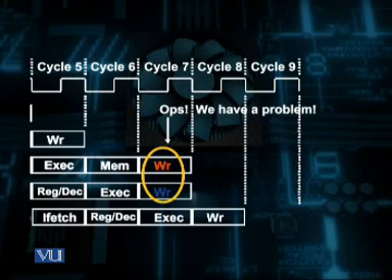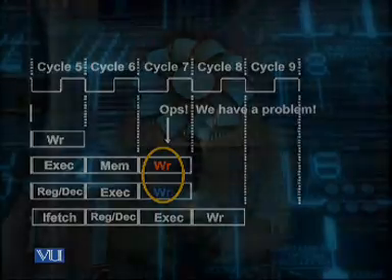So this means that in the 7th clock cycle, the load instruction as well as the R-type instruction are trying to access the write port. Whereas we know that in the register file, there is only one write port. So this means there is a structural hazard.